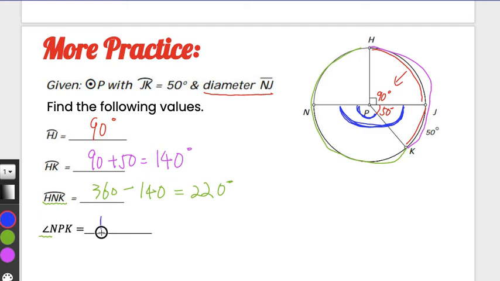So it's going to be 180 degrees, because this is located at the bottom of the circle, minus 50, which is 130 degrees. That's how we use the relationship between central angles and their intercepted arcs to figure out the measurement of the arc or the angle.